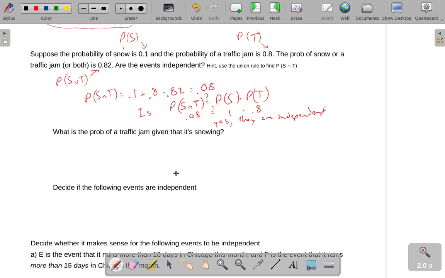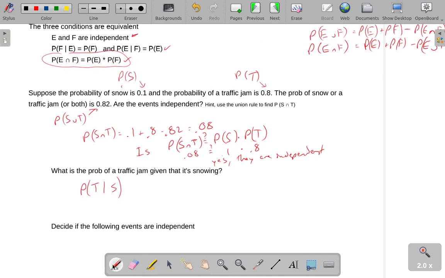All right, what is the probability of a traffic jam given that it's snowing? What is the probability of T given S?